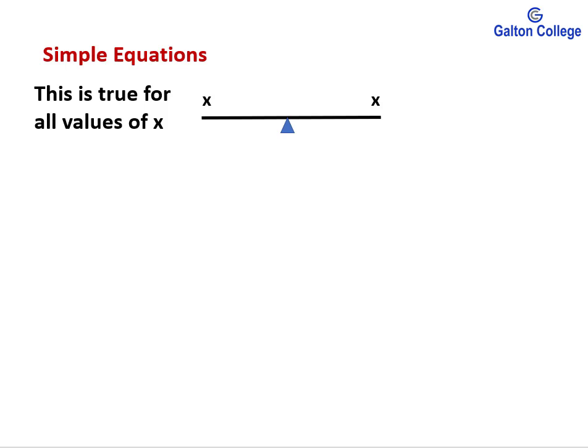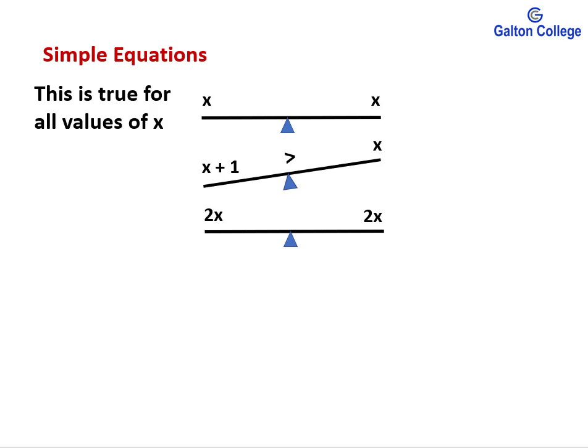We're just going to look at this as a simple equation. So if I add 1 to the left hand side, that's not balanced, it's tipped down in this case. x plus 1 is down and the x has been pushed into the air, so it's not balanced. So x plus 1 is not right.